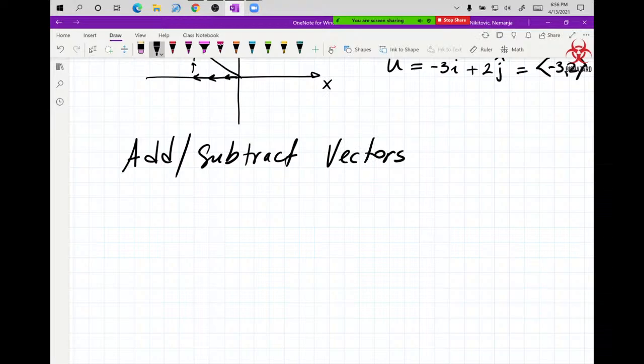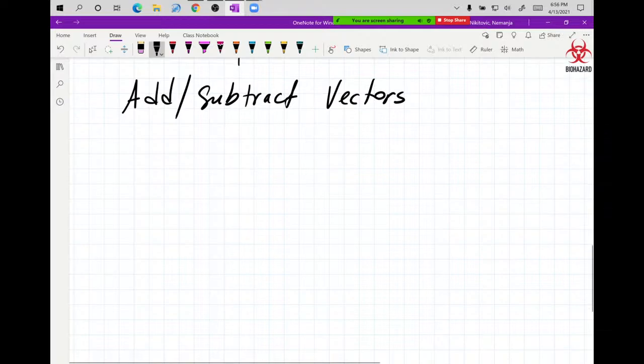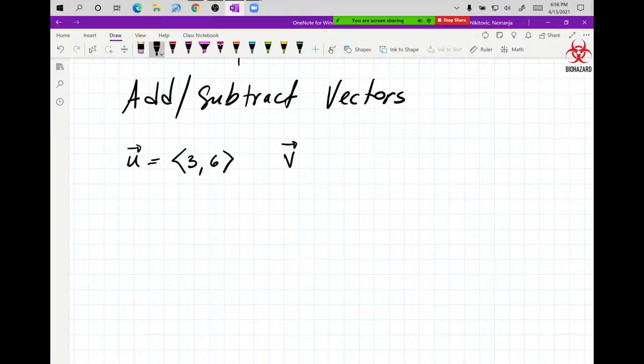And we will do this in two different ways. We will do it using their written form, with coordinates, and then we'll do it graphically as well. So I'm going to take vector u, which is, let's say, 3 and 6, and the vector v, which is, say, 1 and 3.